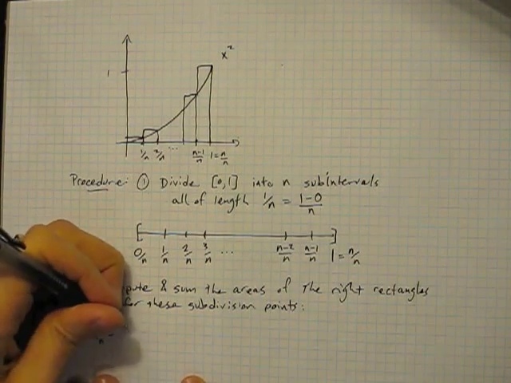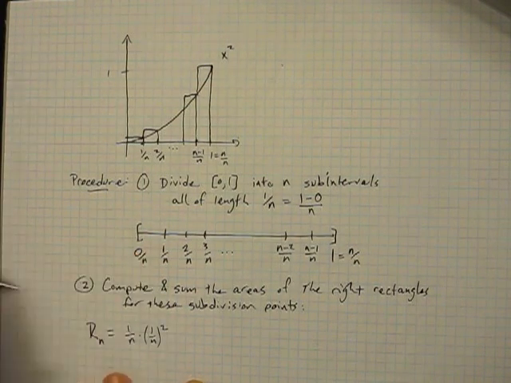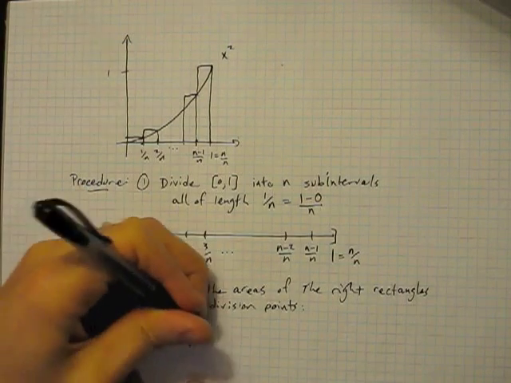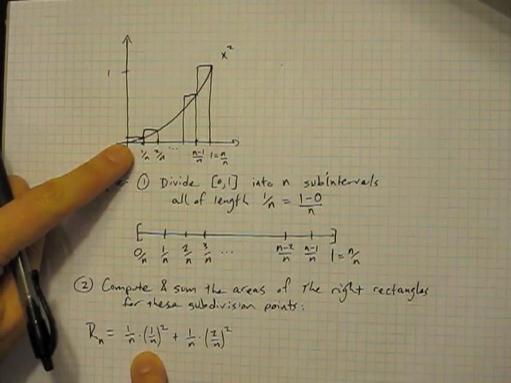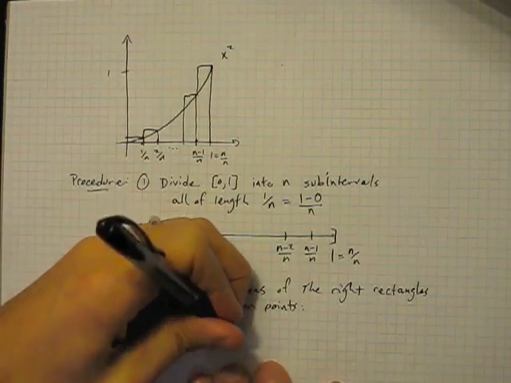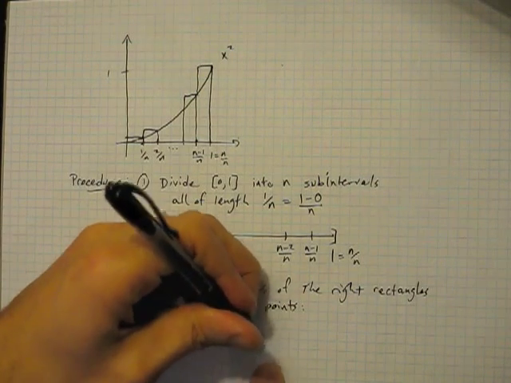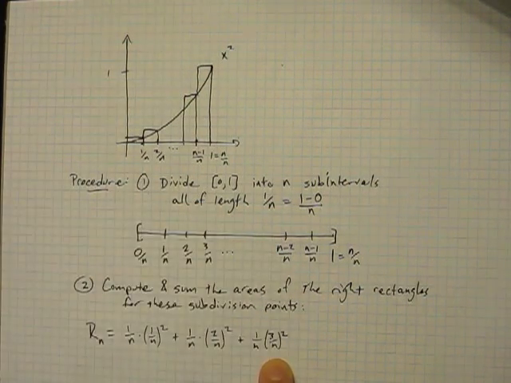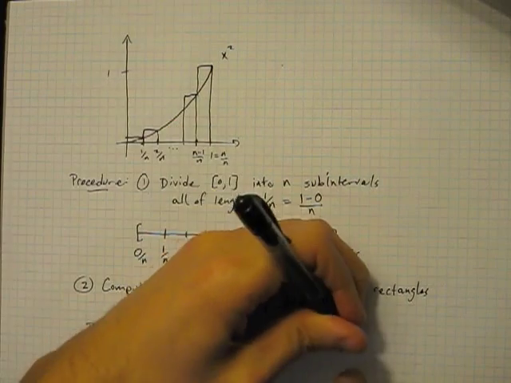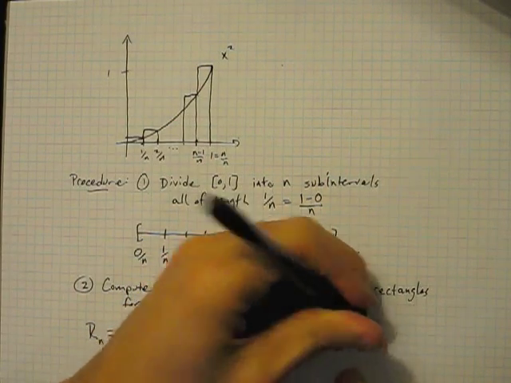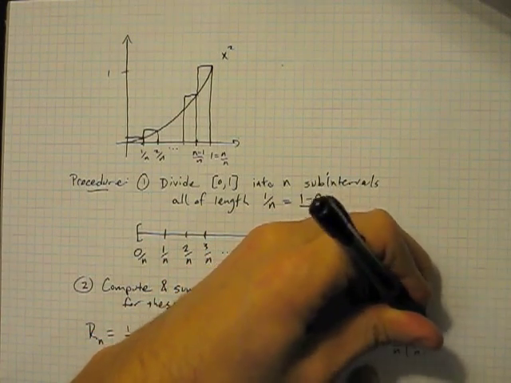We have 1 over n times (1 over n) squared plus 1 over n times (2 over n) squared. So this is area of the first rectangle right here, and this is area of the second rectangle right here, and then we have area of the third rectangle, which is 1 over n times (3 over n) squared, and then we keep going up to 1 over n times (n minus 1 over n) squared, like this, and then the last one, 1 over n times (n over n) squared.